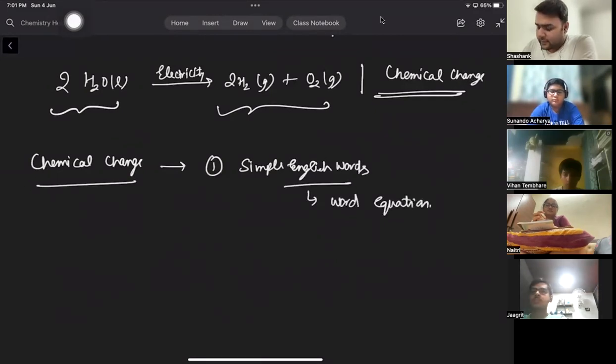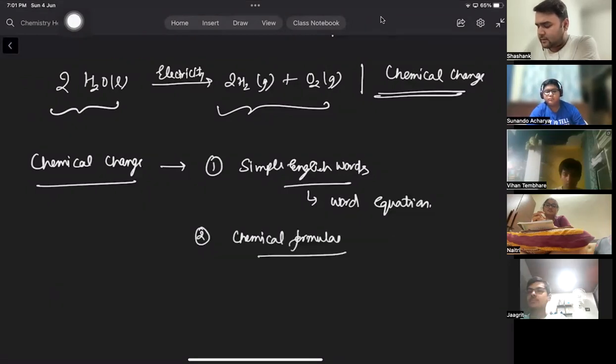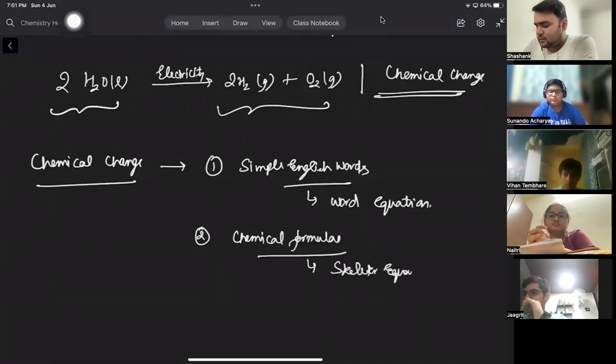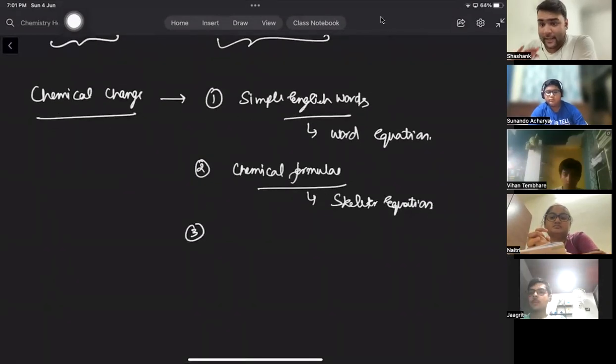If I talk about the same chemical change in terms of chemical formula, we get a skeletal equation. And if I talk about the chemical change while we balance everything out, the total number of atoms on the RHS is equal to the total number of atoms on the LHS. To put it more chemically, the total number of atoms on the reactant side is equal to the total number of atoms on the product side.